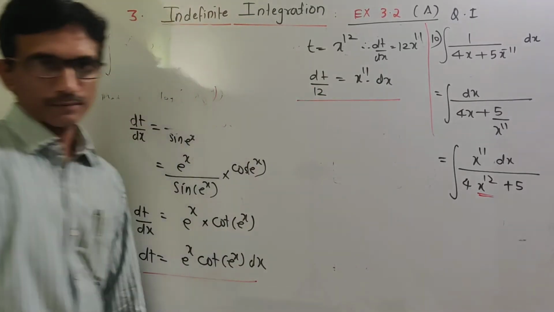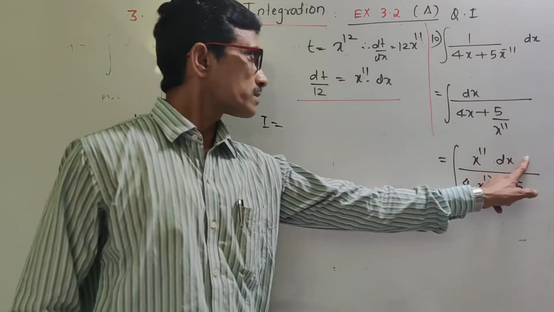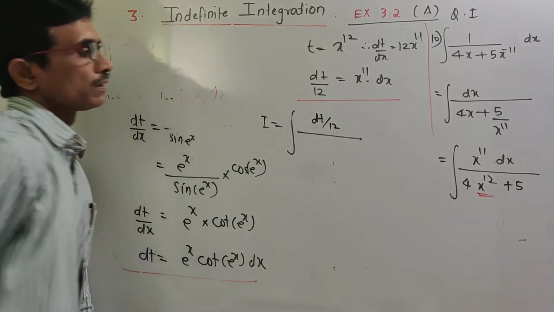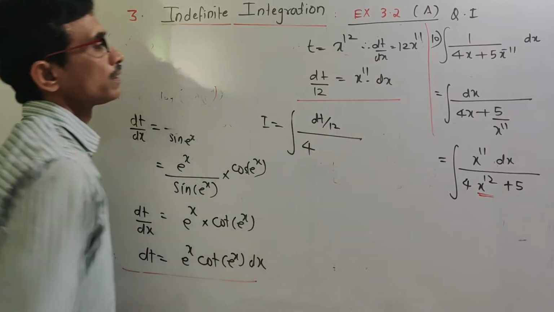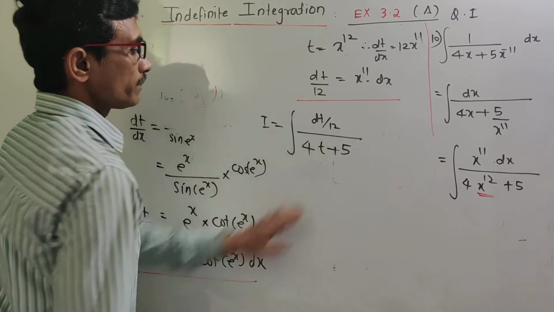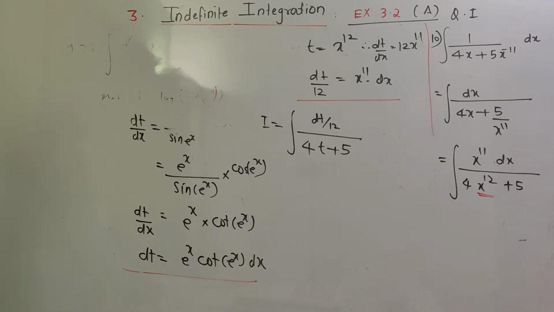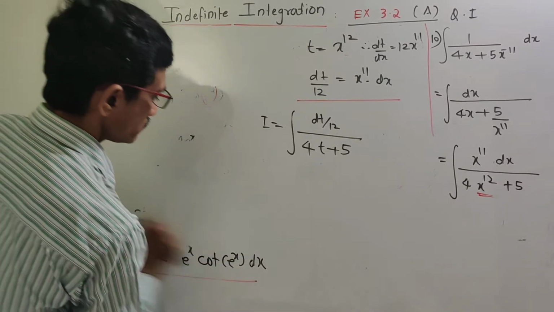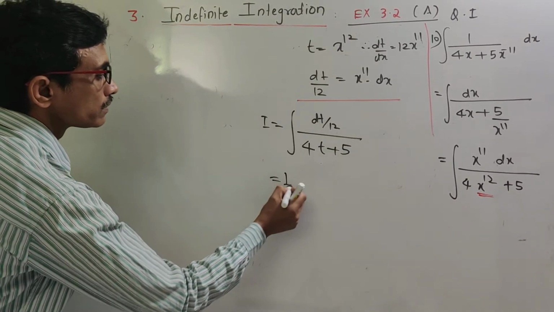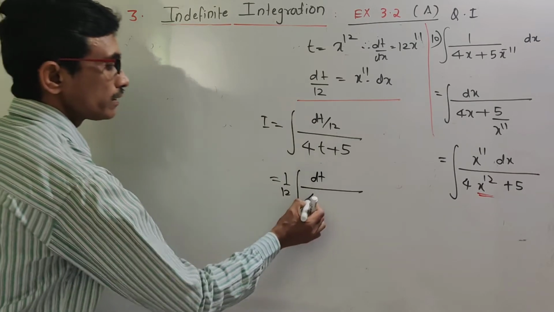So our integral I is equal to x to the power 11 into dx, which is dt upon 12, for x to the power 12 it is t, so 4t plus 5. 1 by 12 is a constant, we will write it outside the integration: 1 by 12 integration dt upon 4t plus 5.